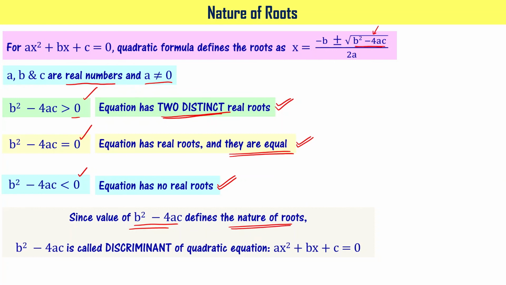That's why we say that b square minus 4ac is the discriminant of the quadratic equation ax square plus bx plus c equal to 0. Please note this.